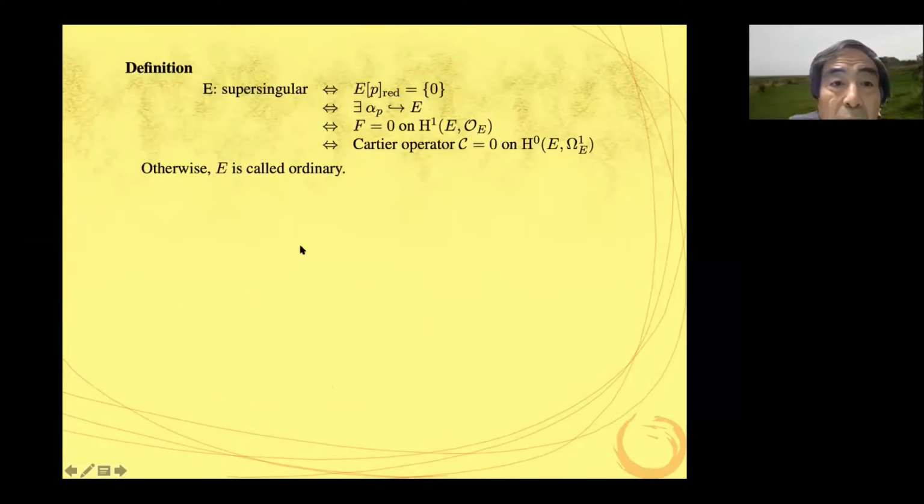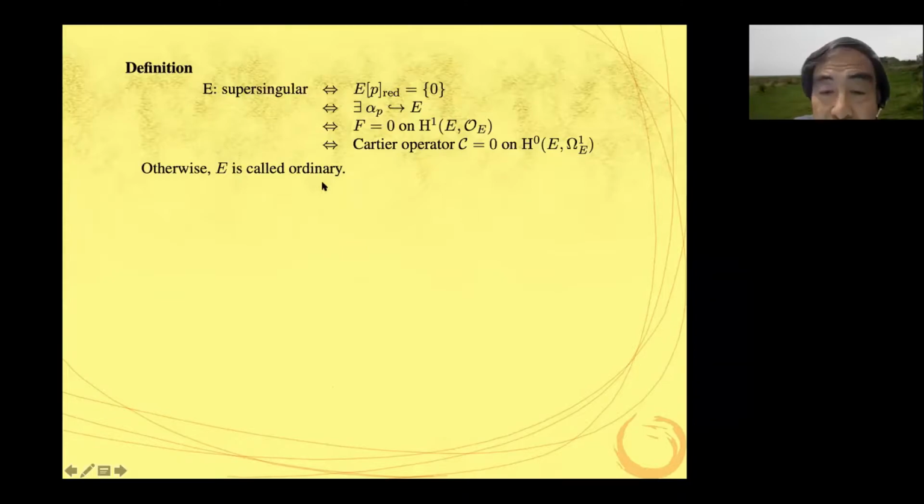Then the elliptic curve E is called supersingular if the reduced part of the P-torsion group is 0. And this is equivalent to the condition that E contains alpha_p. And also this is equivalent to the condition that Frobenius map is 0 on H^1.